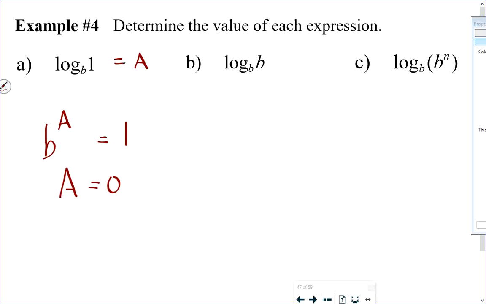However, that means log base b of 1 is 0. It's equal to 0, and I'm going to write the 0 here in a second. But I want you to ignore everything above this line and just think this way. To what do I raise b to get 1? 0.